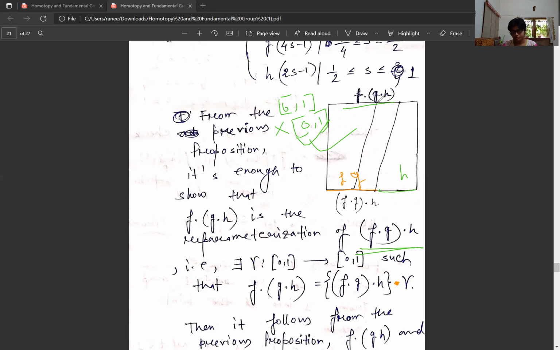Then in the second straight line, look that in the bottom, the point is the start point of H and the end point of the composition G. So at the end, I want it to be the start point of the G composition.